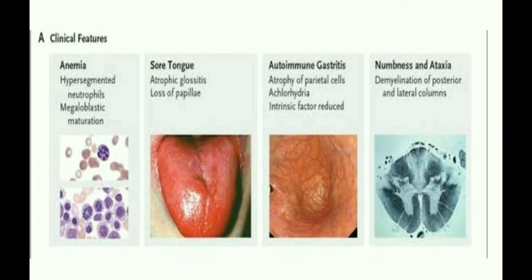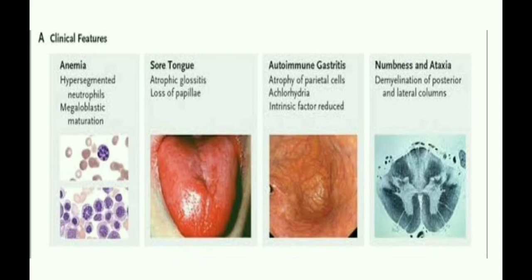That condition is called subacute combined degeneration. This is actually progressively occurring. It's not happening very suddenly. It's a progressively happening condition, subacute combined degeneration, and it involves both the ascending tracts and descending tracts of the spinal cord.